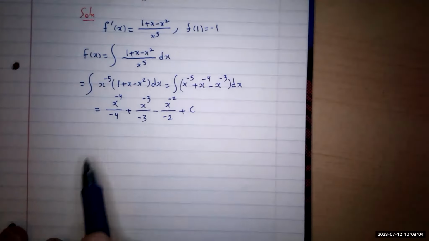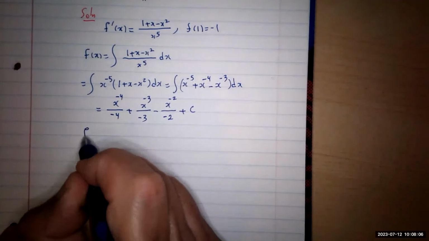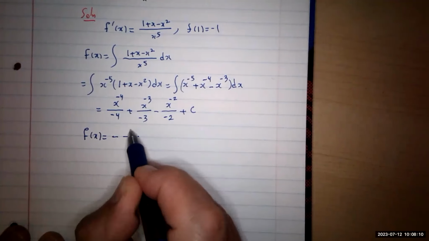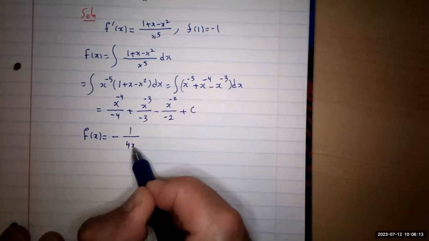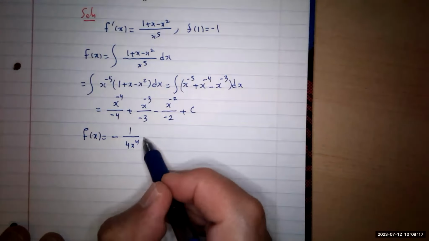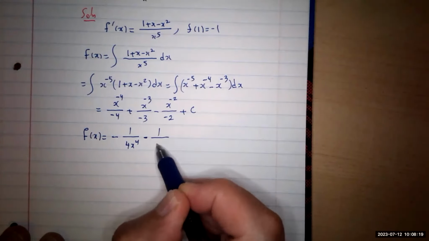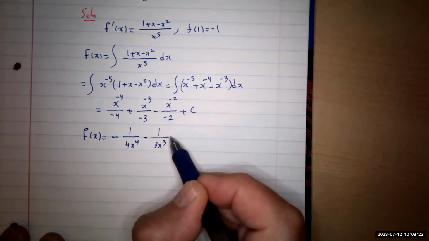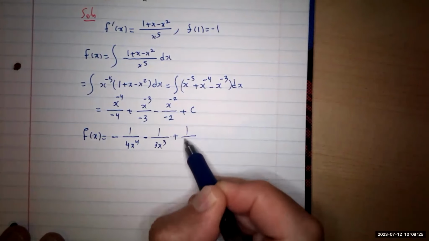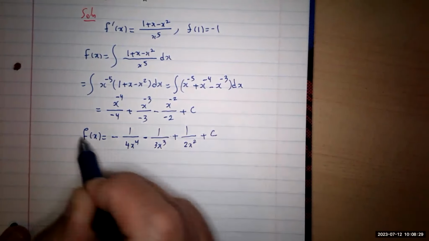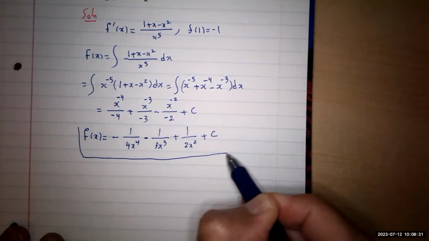These negatives are the sign of the fraction. So your f of x is equal to, the first one is minus 1 over 4x to the 4th. Next one, minus 1 over 3x cubed. Negative, negative, positive, plus 1 over 2x squared plus the constant c. This is your general solution.